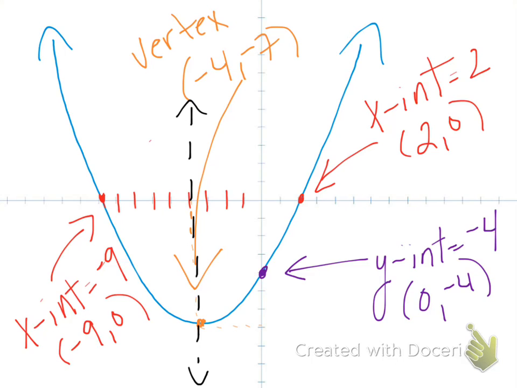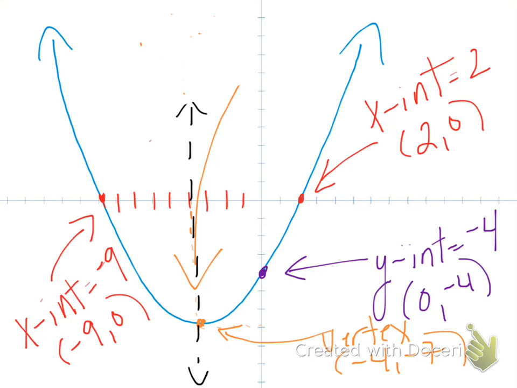I am going to rewrite my vertex down here, negative 4, negative 7, okay? I'm going to erase that so that I can do a proper axis of symmetry. I told you I am a stickler for that axis of symmetry. I want my students to see how important the axis of symmetry is, and I'll explain why.